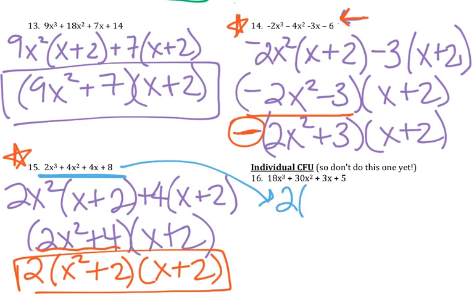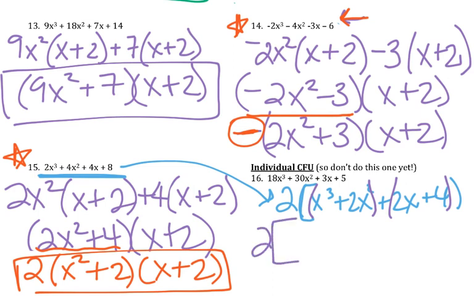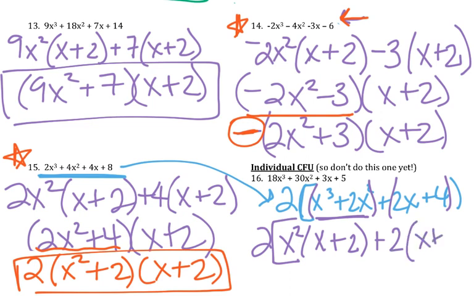So we could have taken out a 2, and we would have had x cubed plus 2x squared plus 2x plus 4. And then we could have proceeded with factoring by grouping. So we would still have this 2 out front, but then the GCF for this would be x squared, leaving you with x plus 2. And then the GCF for the next set is 2, leaving you with x plus 2.